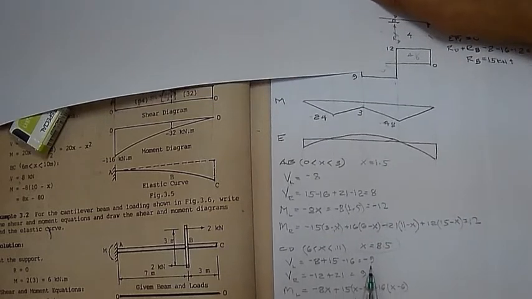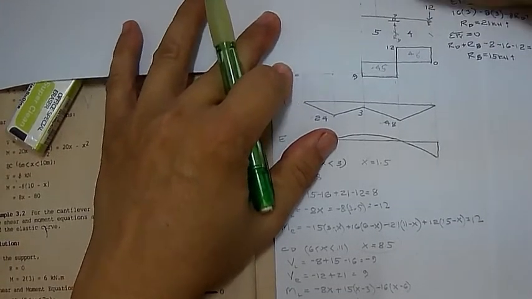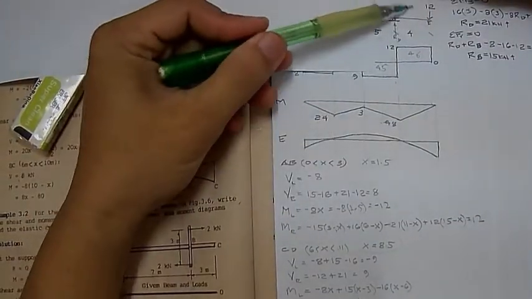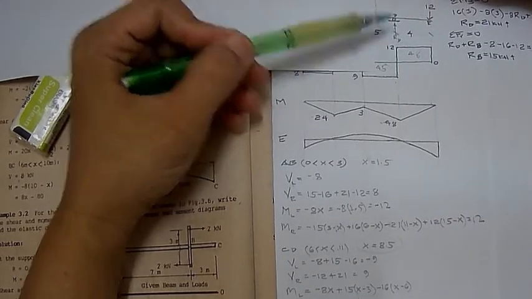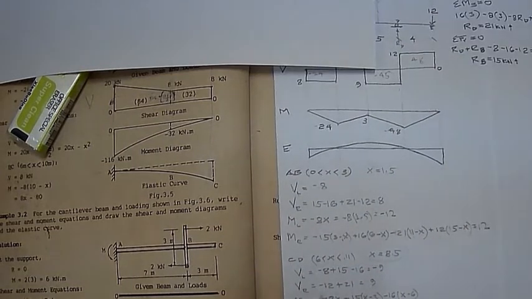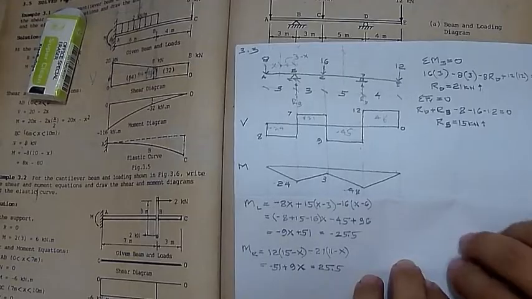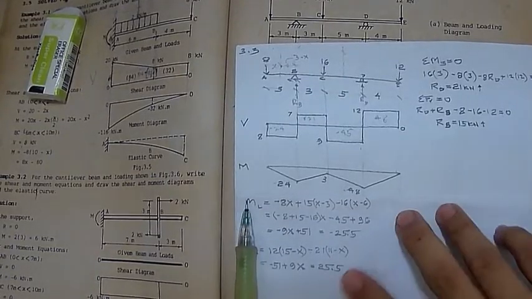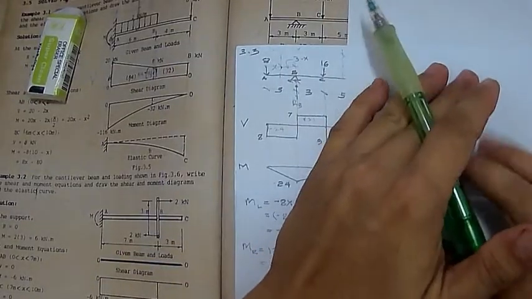Ayan. So, shear at right, ito, 12, negative 12 plus 21 is 9. So, nag-cancel out sila. Next is moment. Sa moment left, yan.